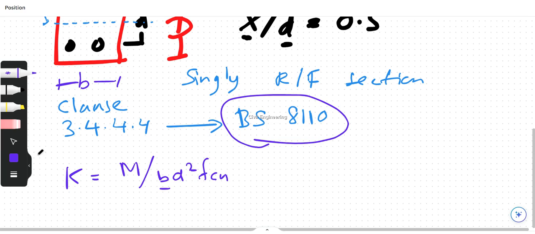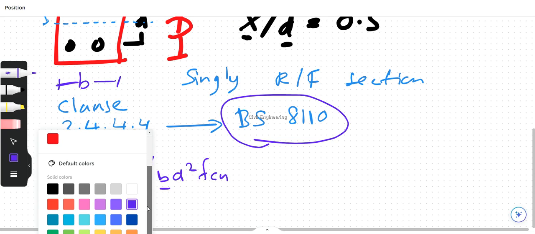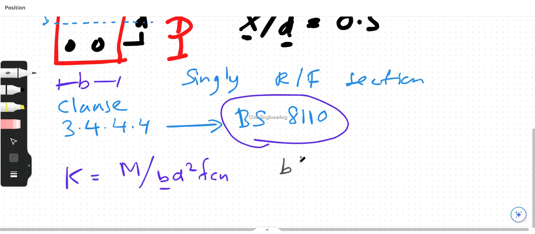Here, with my experience, I take the ratio b over d as half. It means depth is twice the width, or width is half of the depth. Depth is here the effective depth. So b equals 0.5 d.